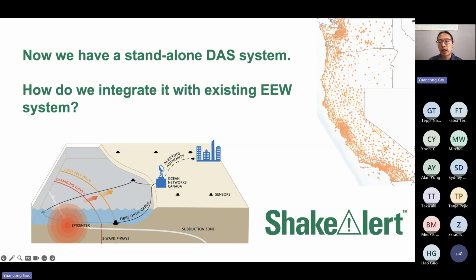In reality, like on the US West Coast, we have ShakeAlert. We have a very, very dense on-land seismic network. So how do we add this new DAS cable into this system and still make sure it's consistent and all the processes will be smooth?